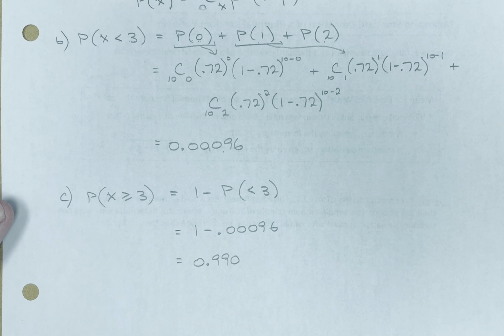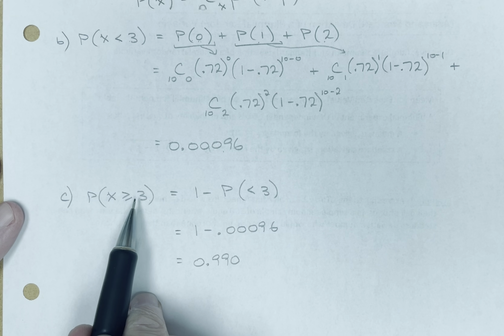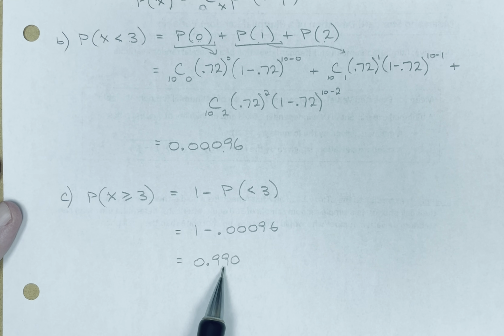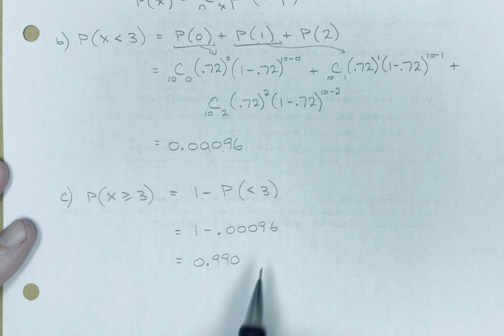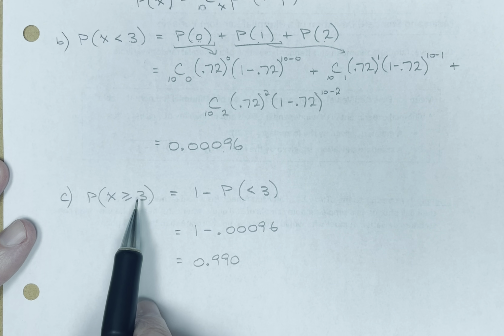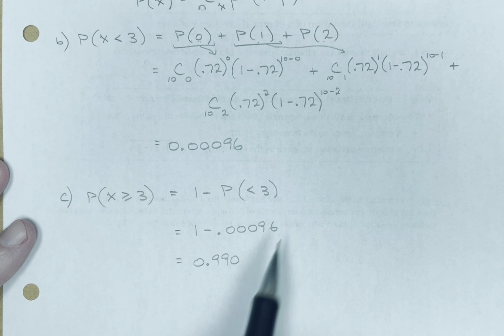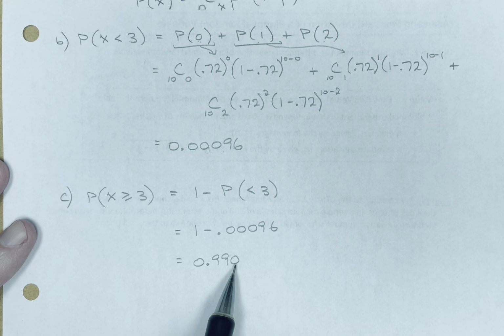So the probability that we're going to have 3 or more people who will give up chocolate as opposed to their cell phone, the probability they would rather give up chocolate than their cell phones, they're very happy to give up chocolate. 99 times out of 100, you're gonna have 3 or more people who are gonna say, yep, I'll give up chocolate, I want my cell phone.